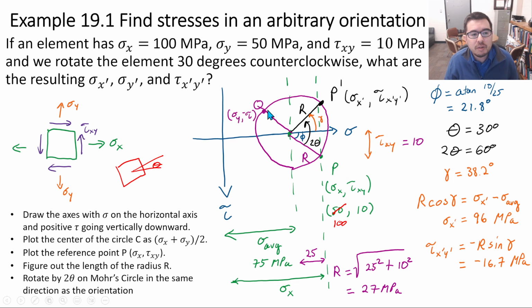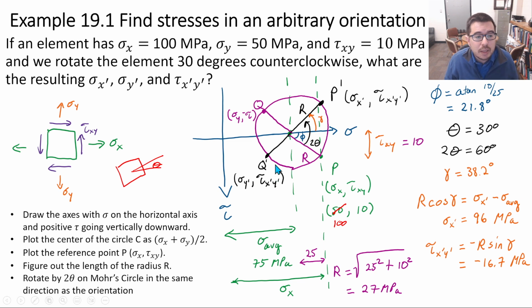And if we go all the way out to this point Q, and we want to figure out what sigma y prime was originally, and what the new sigma y prime is, we go down this direction and we can solve for sigma y prime. What is sigma y prime?